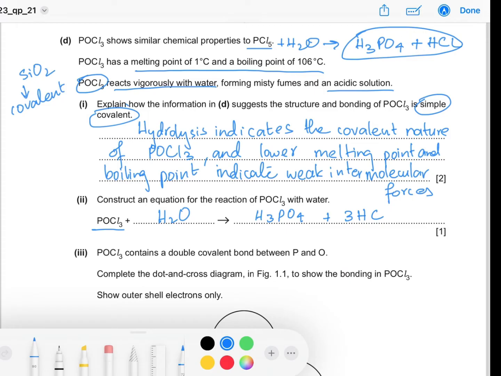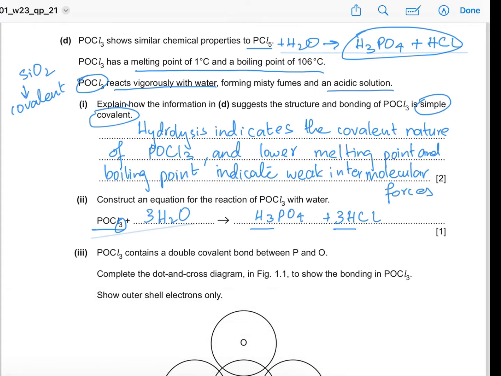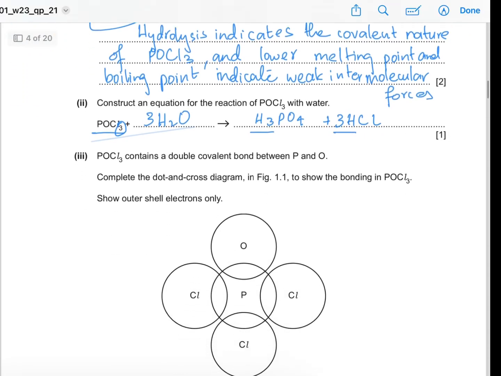Now we just need to balance this reaction. You have 3 chlorine atoms here, so that will be 3 hydrochloric acid molecules produced, and then you have 6 hydrogen atoms on the product side, which means 3 water molecules on the reactant side, and that balances all of the atoms on both sides of the reaction.